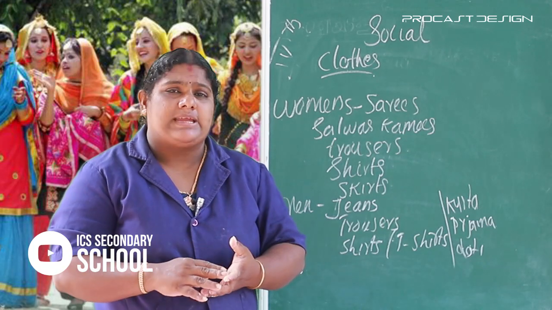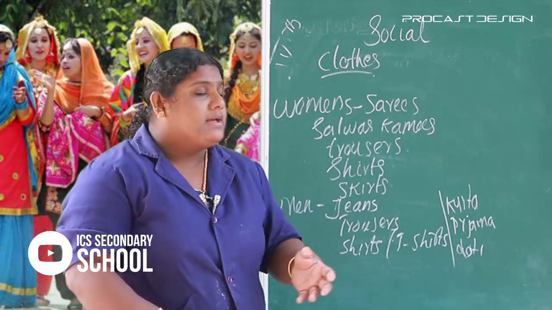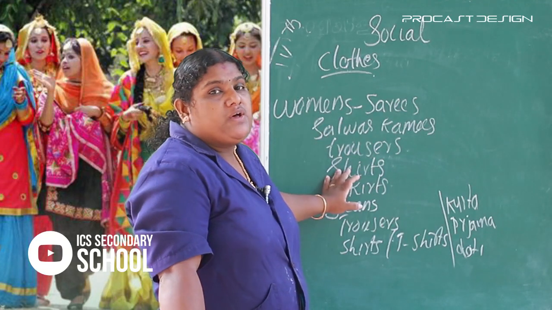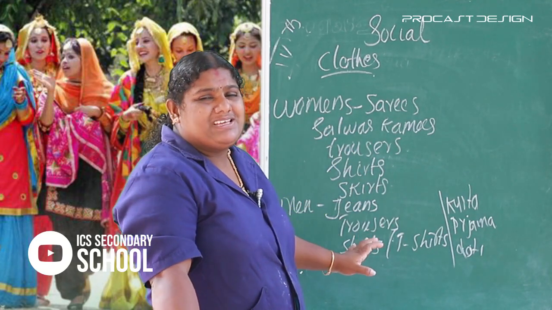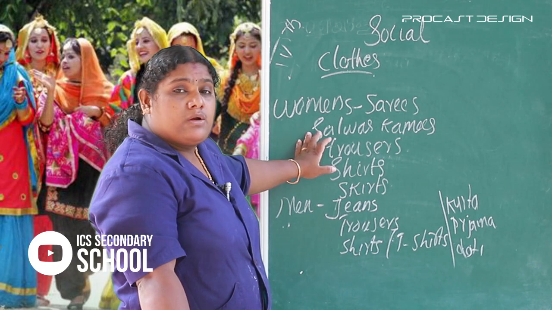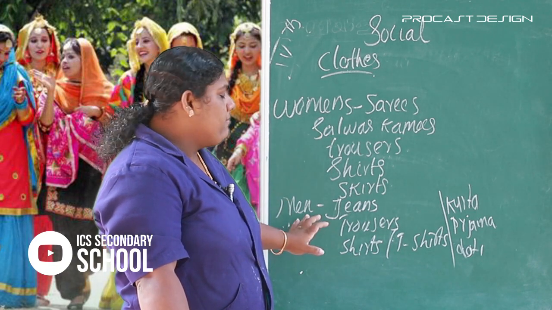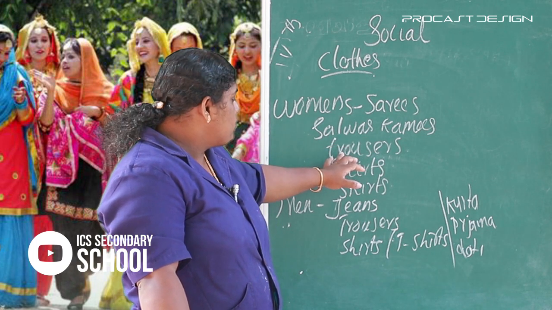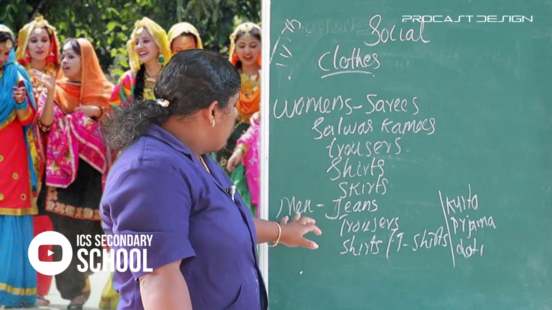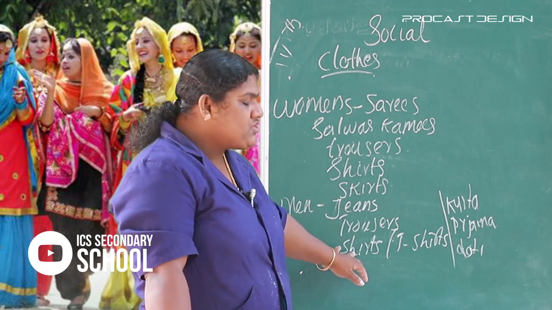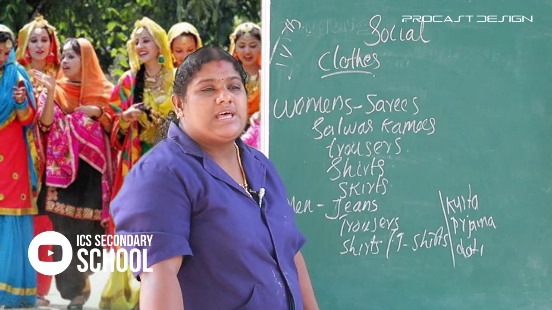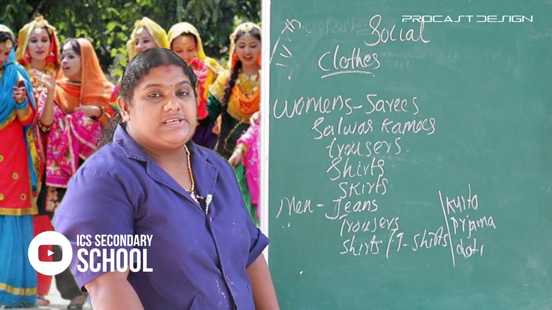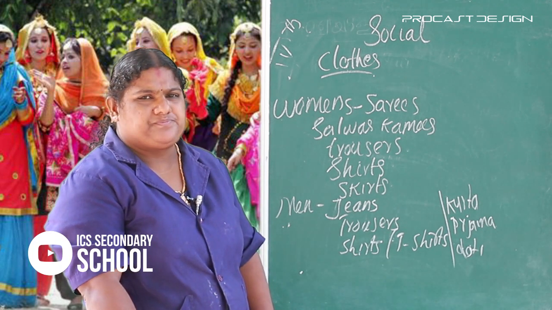We already studied about 22 languages and the different types of clothes and dressing styles of women and men in India. Women wear saris, salwar kameez, trousers, shirts and skirts. Men wear jeans, trousers, shirts and t-shirts, and in some parts kurta, pajama, dhoti, etc.